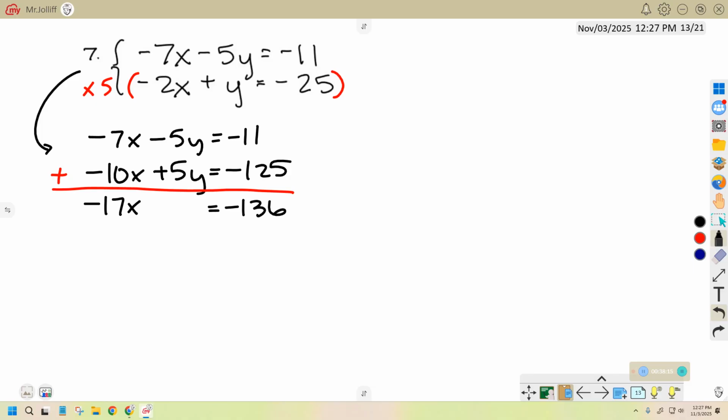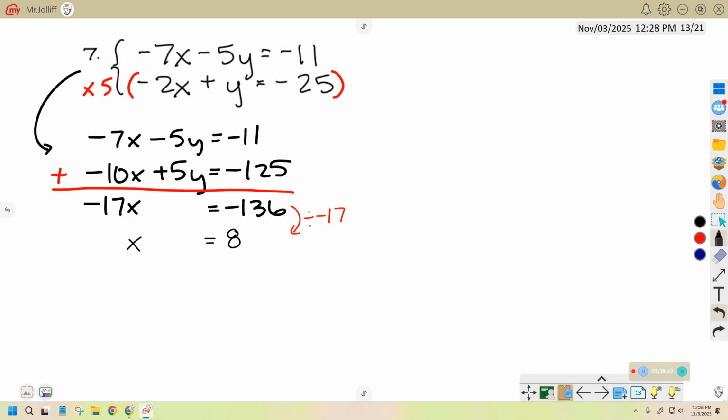So I'm going to divide both sides by the negative 17. And somebody with a calculator, what is negative 136 divided by negative 17? 8? I see some nodding. Positive 8. So x is positive 8. Perfect.